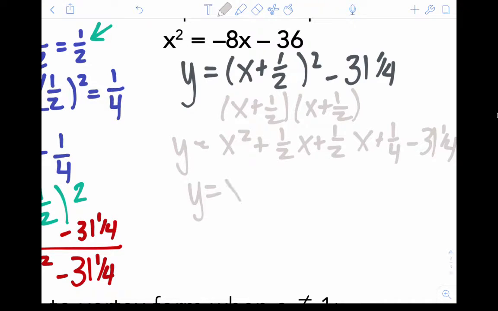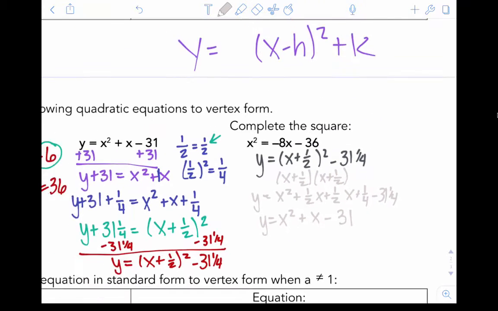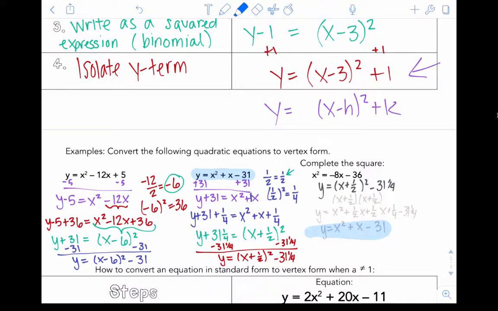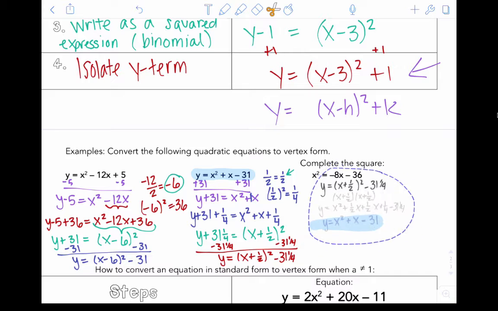So y is equal to x squared plus x, 1/2 plus 1/2 is 1, plus 1/4 minus 31 1/4 is actually going to be a negative 31. So that is in standard form. So now I can see that I ended up getting the same numbers there. So that is how you can check if you're not sure of your work. I'm just going to move this over here to the side.